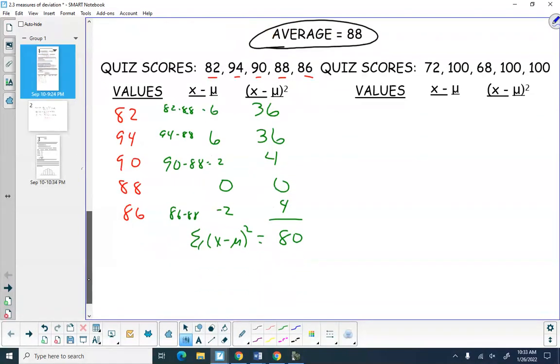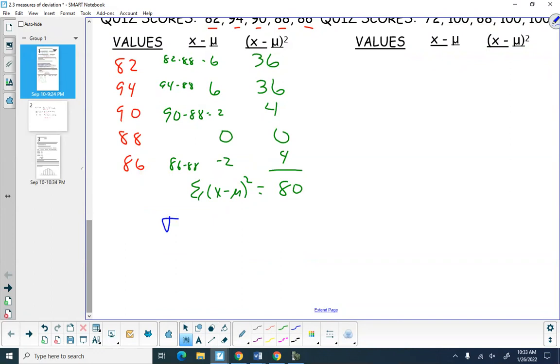Then our variance is the sum of that last column divided by our number of data values, which is 5. So we have 80 divided by 5, which is 16. That is our variance.